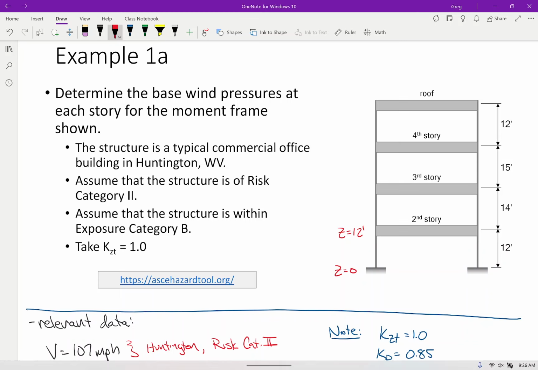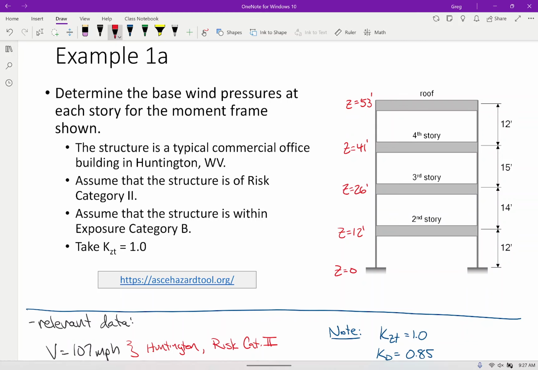So you can kind of see the pattern here. Here, 26 plus 15 is 41, and this is 53 feet, right? Okay. So somebody pick one of these four stories. I really don't care which, but maybe something on the upper end.